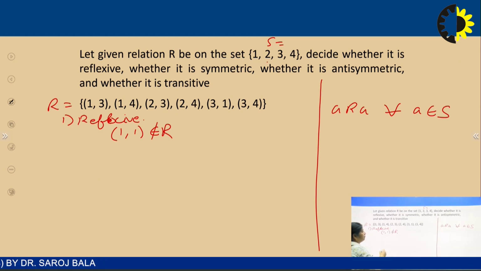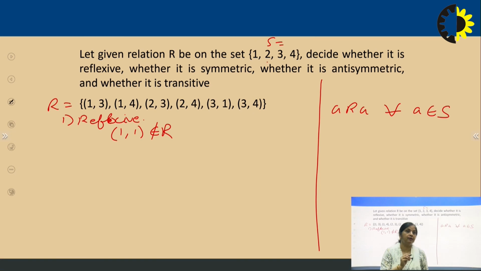It means (1,1) doesn't belong to R, so 1 is not related with 1. So it is not reflexive. If by chance we found (1,1), then we would need to check the pairs (2,2), (3,3), (4,4) also. As we have not got the first one, we can directly say it is not reflexive.